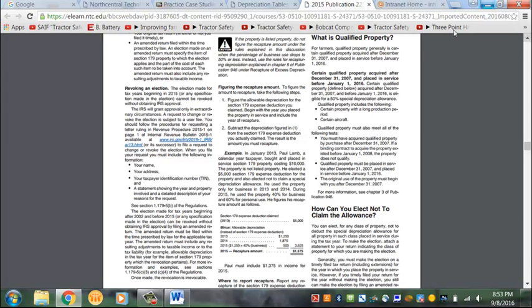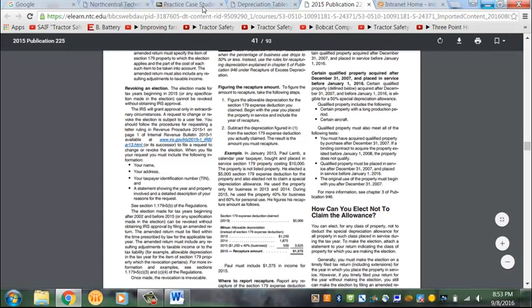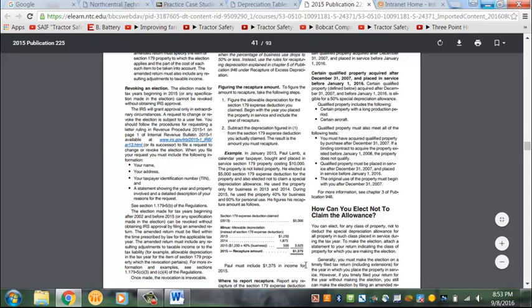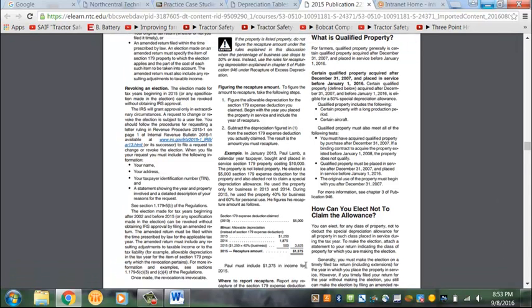So if you bought an asset for $15,000 and elected to take Section 179 on it, instead of determining the depreciation percentage and then taking the $15,000 times that percentage, you actually get to take the whole $15,000 as the deduction. The good part of this is that you have a large write-off in that year. The bad part is that you don't have any more depreciation in the coming years to offset any additional income you might have.